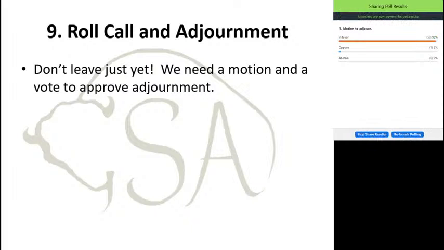All right, folks. One for the record books. We have 53 in favor, 1 opposed, 0 abstained. So that motion passes. The meeting is adjourned at 6:55 p.m.